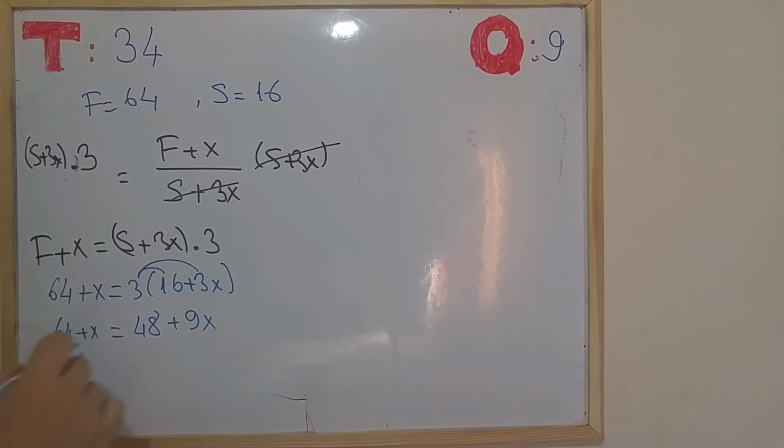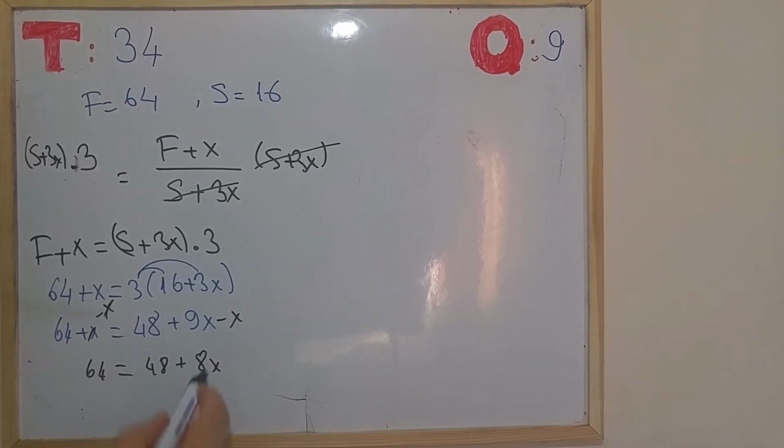64 plus x. Let's get rid of the x here by subtracting x from each side. So what I'm going to have here is 64 is equal to 48 plus 8x now. And let's subtract 48 from each side.